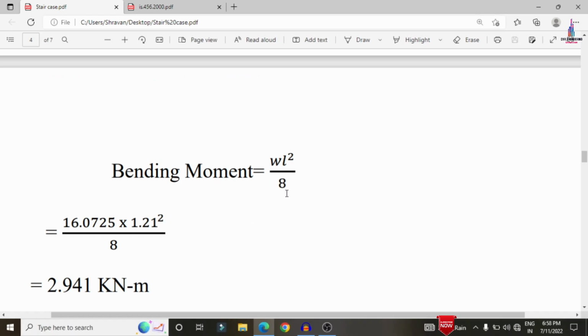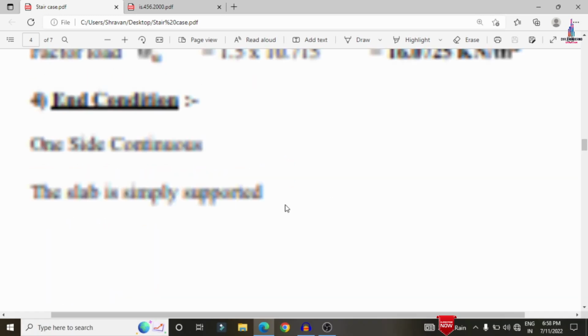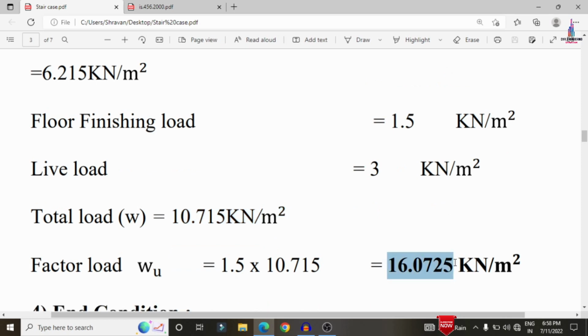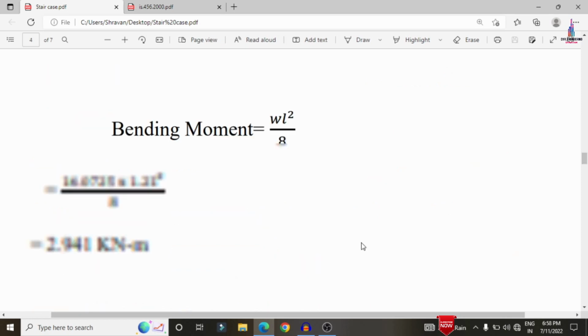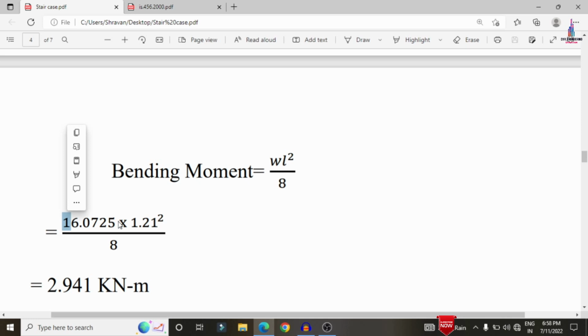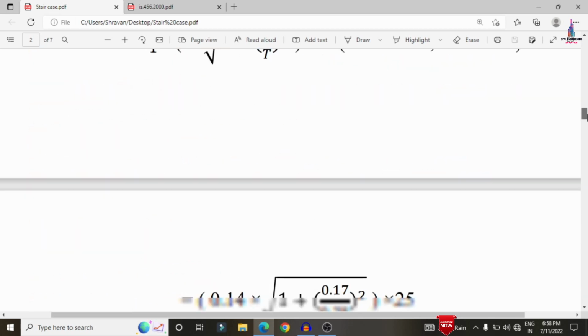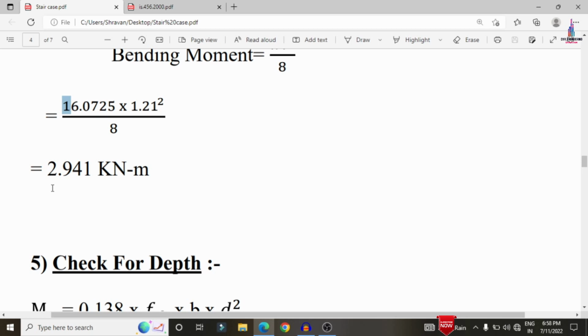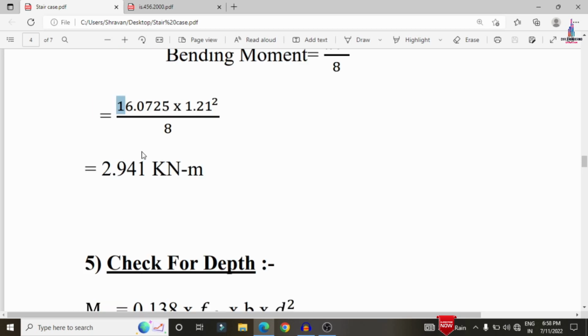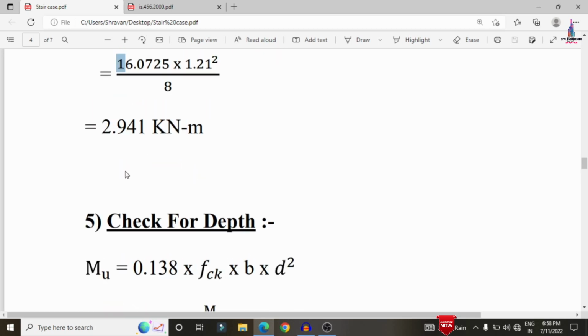If you substitute the factor load of 16.0725, we get 16.0725 into 1.21 whole square divided by 2. 1.21 is the shorter span distance for the respective slab. So we can get the bending moment value approximately 2.941 kilonewton meter.